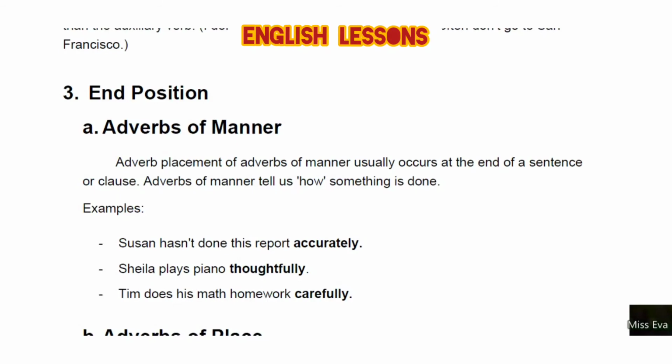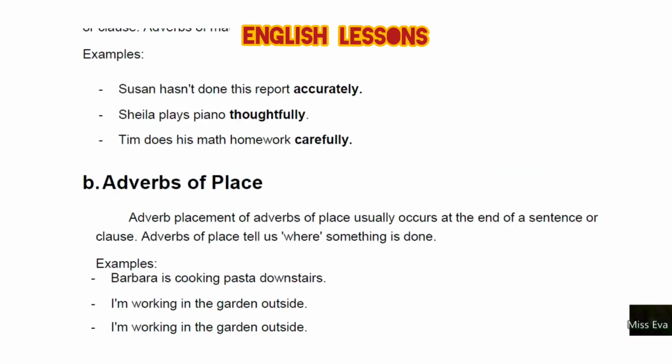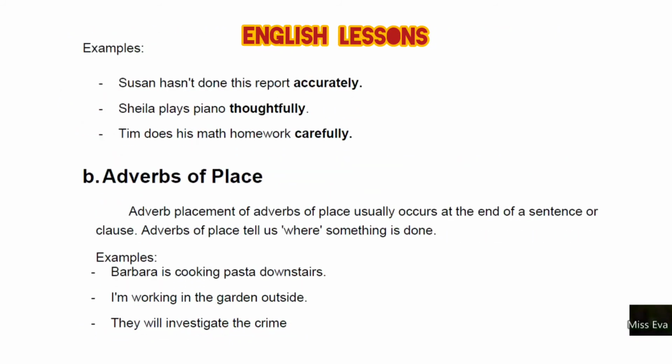Adverb placement of adverbs of manner usually occurs at the end of a sentence or clause. They tell us how something is done. For example, Susan hasn't done this report accurately.